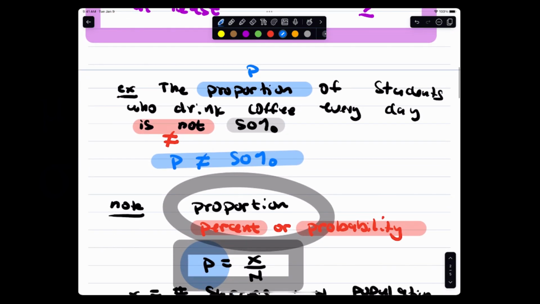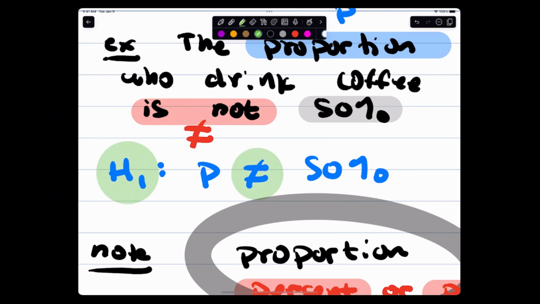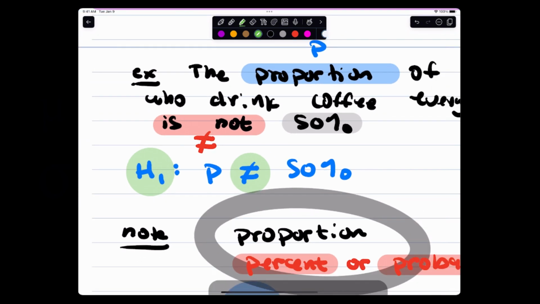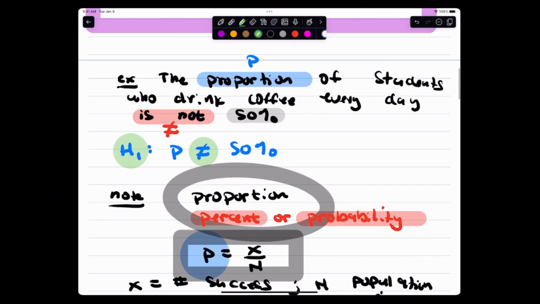What about this? So why is that an alternate hypothesis? Because this is not equal. All right, you guys okay with that?